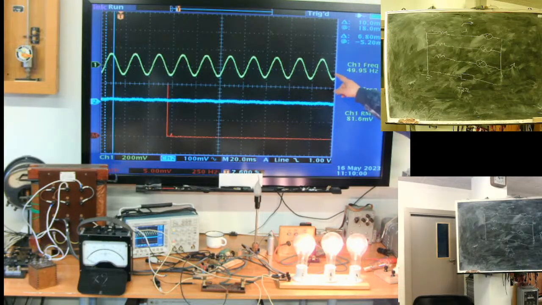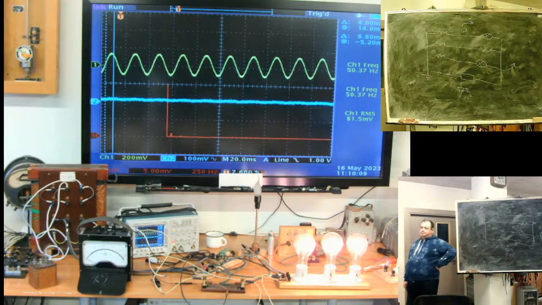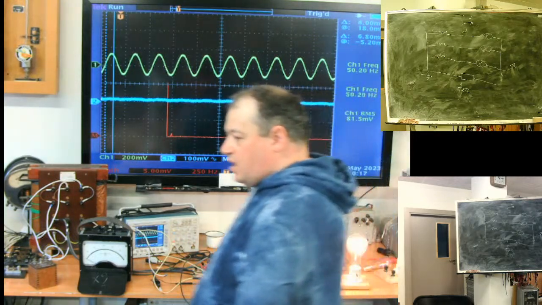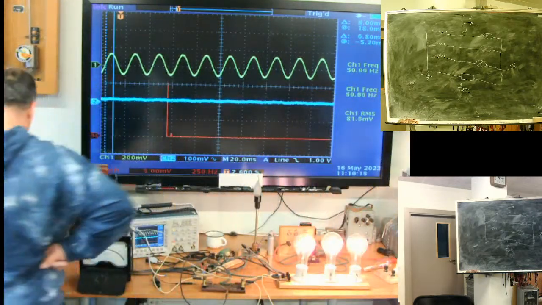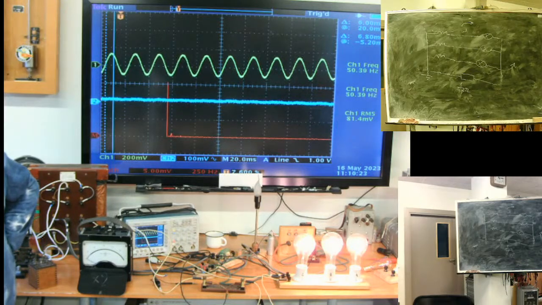Current of A phase and current of ground. Why is it 0? Can you answer? Why is the blue line 0?